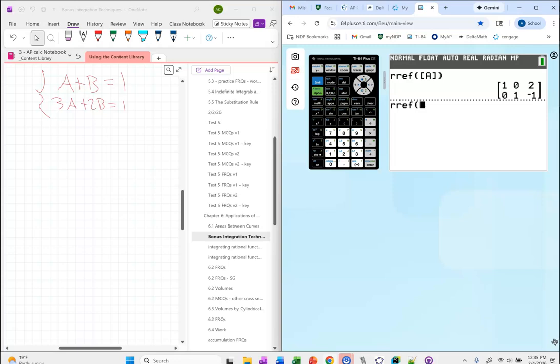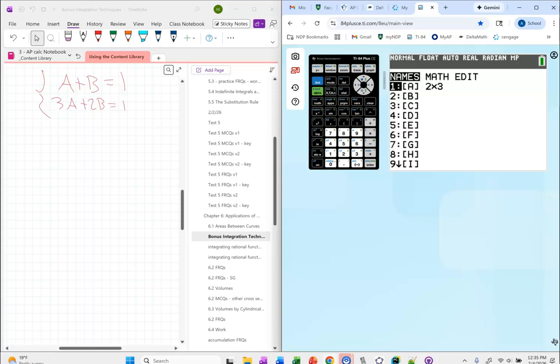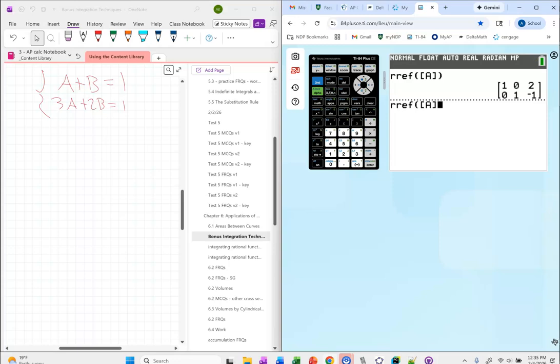It's basically an algorithm programmed into your calculator that does the same thing as elimination. It's pretty similar procedurally. And I'm going to do that on my matrix A. So I'll go back to the matrix menu, and from the Names tab, I'll select matrix A, close my parenthesis, and press enter.